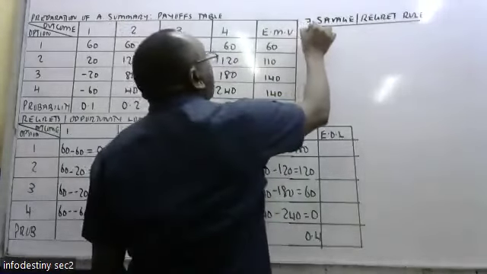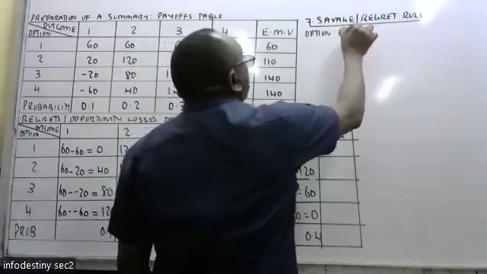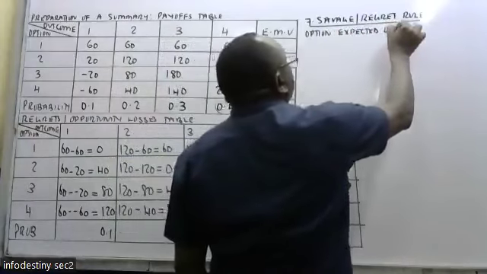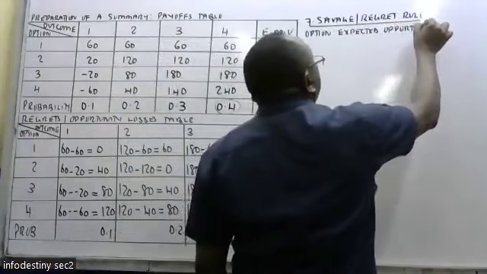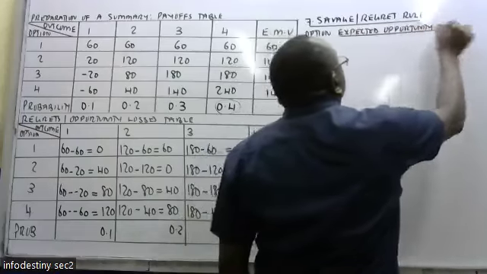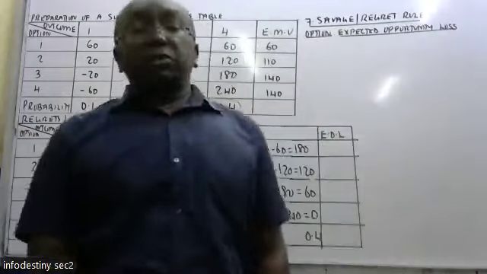So we have the option, and then we have what we call expected opportunity loss. You have expected opportunity loss.